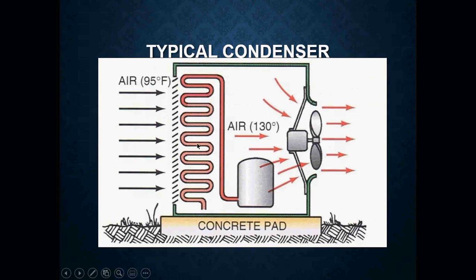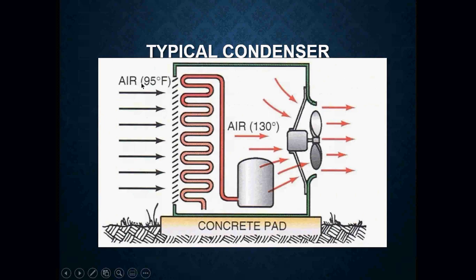As it keeps going down, it loses more and more heat. So eventually that high pressure, high temperature, highly superheated vapor will turn into a high temperature, high pressure, subcooled liquid. As that happens, that point is called the point of saturation, or your saturation temperature. Okay, and as it leaves, it's now going to connect to your liquid line.